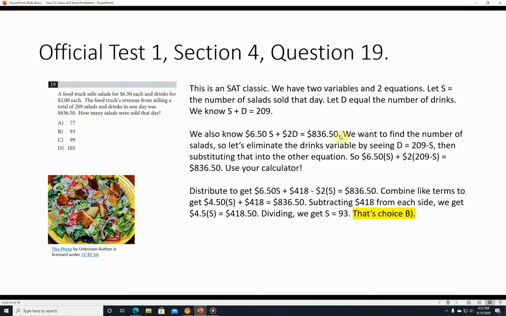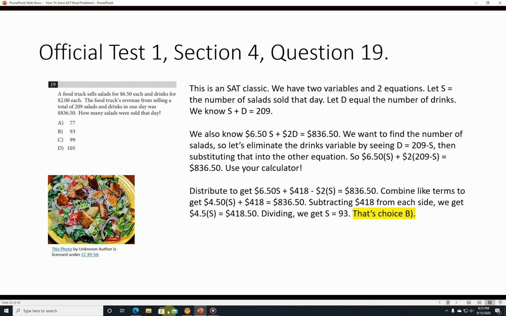We want to find the number of salads, so let's eliminate the number of drinks by seeing that D is equal to 209 minus S, and then substituting that into the other equation. That is the $836.50. So we end up with 6.50 times S plus 2 times 209 minus S equals $836.50.